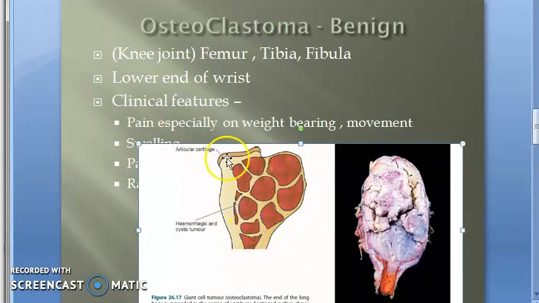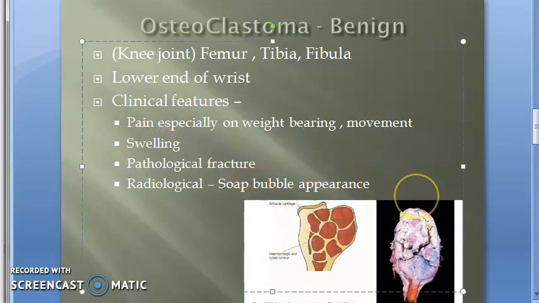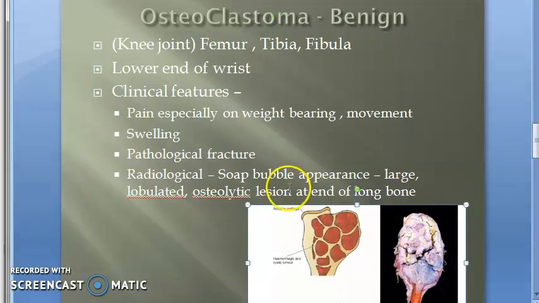Hemorrhagic and cystic tumor. So you can say large lobulated osteolytic lesion at end of long bone. That's nothing but the epiphysis. Correct?